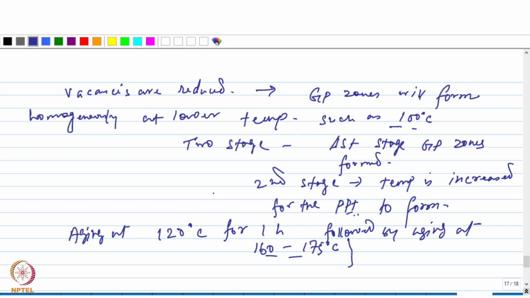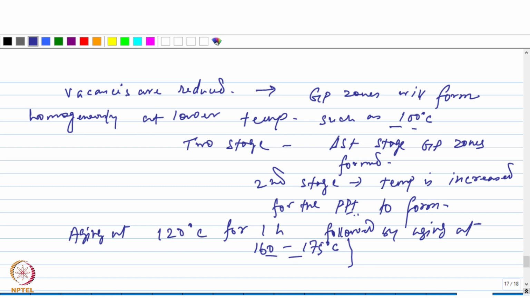So we are going to continue on this, and now let us have a look at some of the alloys in this particular series and their properties as well. You might know that the aircraft fuselage and many other parts are made of aluminum alloys because of their high strength to weight ratio, because these are light alloys.